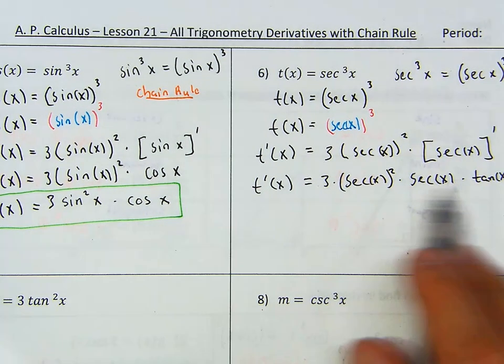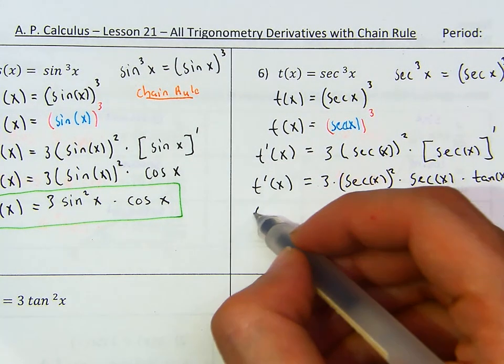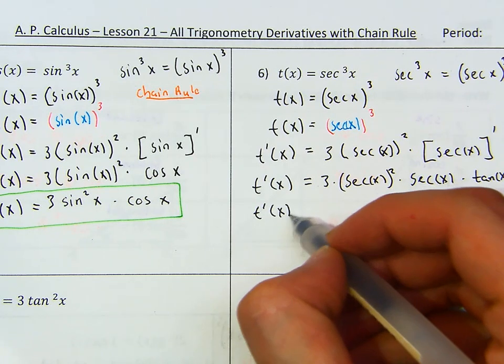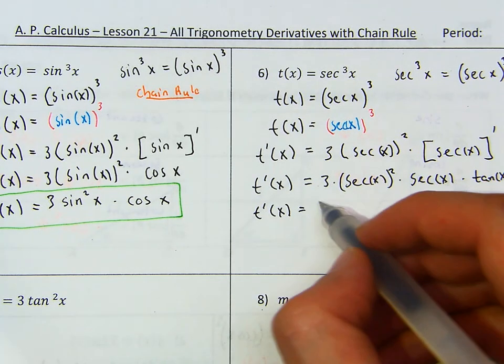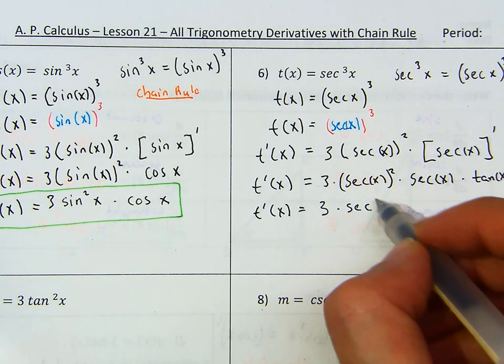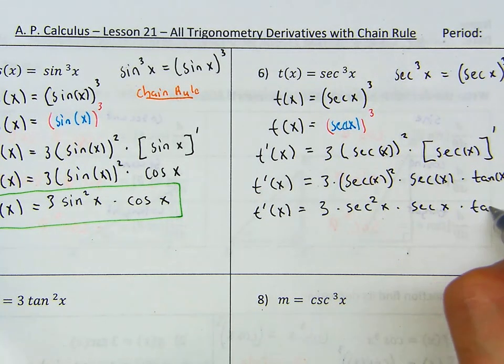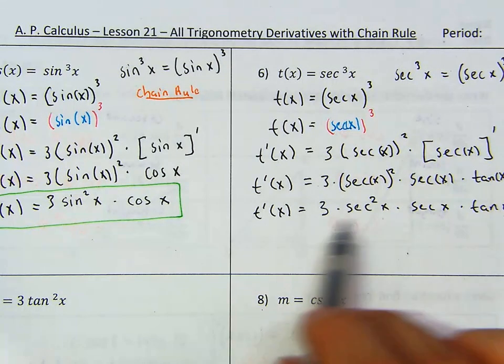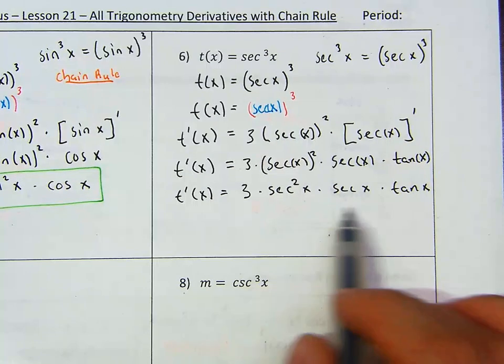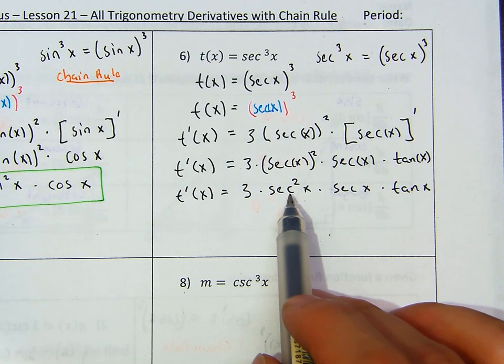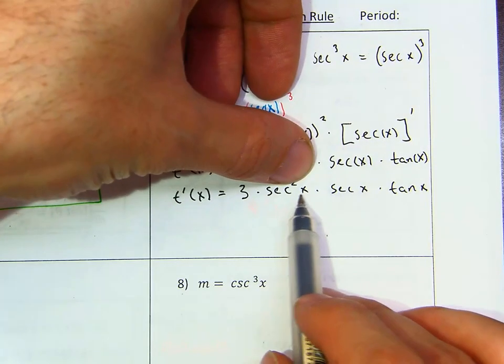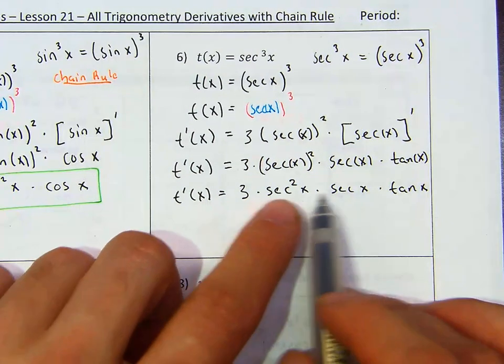Okay. Now, once you get to this point, you say, "Oh, Mister, all right. So now I know what to do." I do this, and then you see I bring the square here. So 3 times secant squared x times secant of x times tangent of x. And if you left it like this, it's almost done, because notice that if I have a secant x and a secant x, I can combine these two.